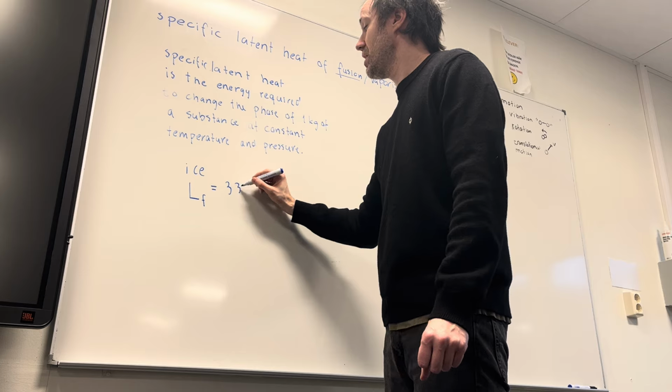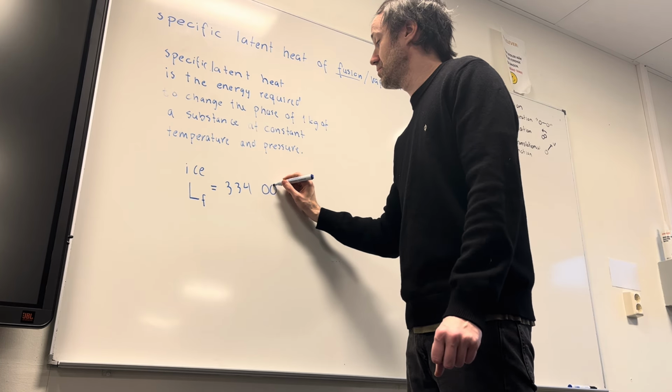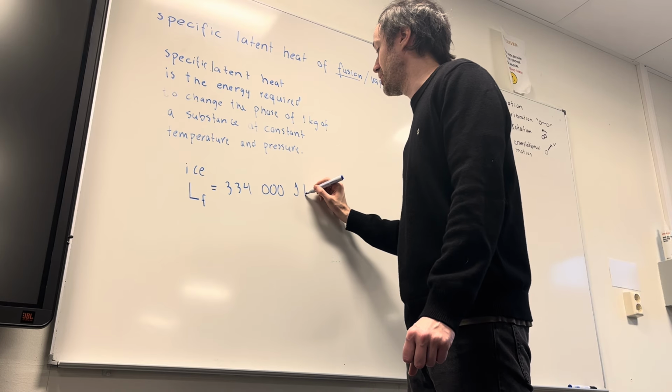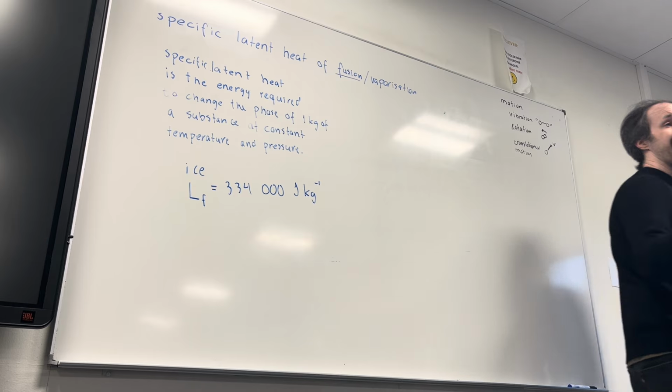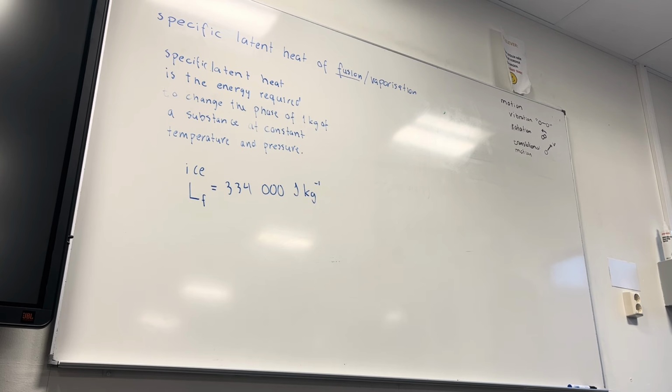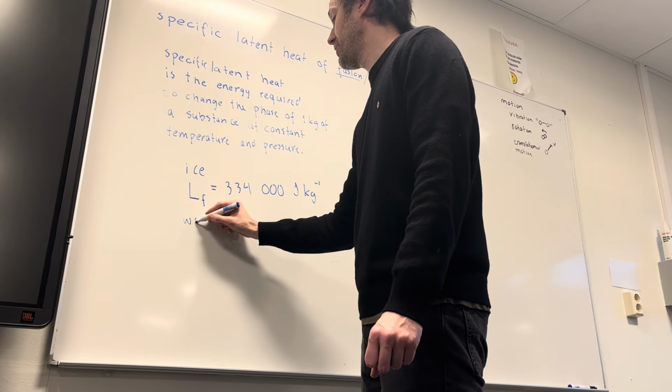It is 334,000 joules per kilogram. If you want to melt 1 kilogram of ice at constant pressure and a temperature of 0 degrees Celsius, 334,000 joules needs to be provided. And now it's no longer ice, it's water.